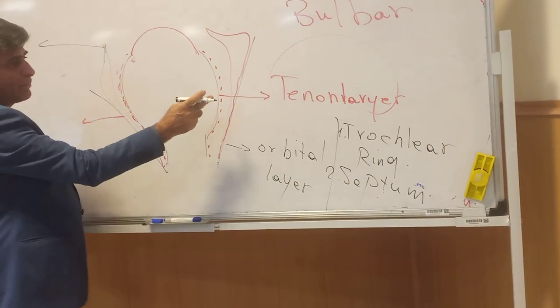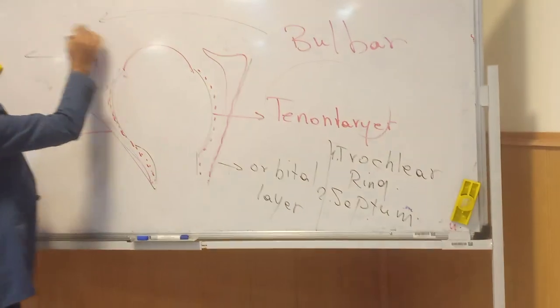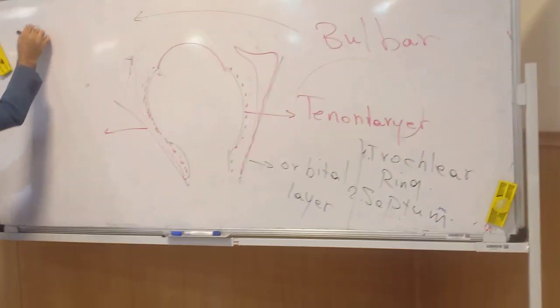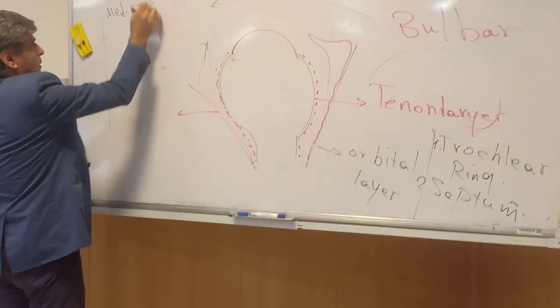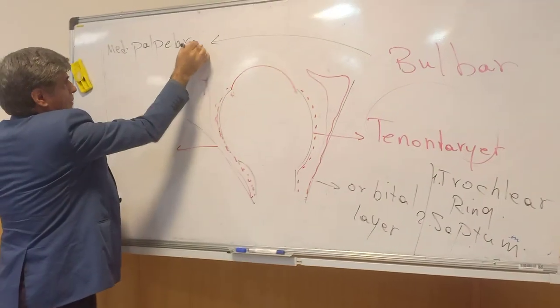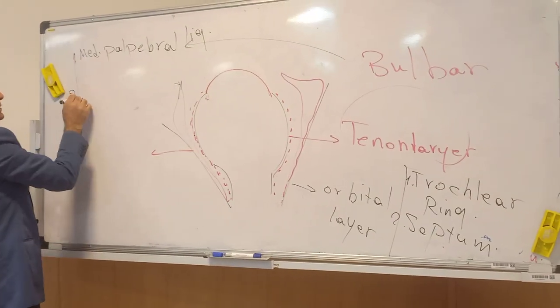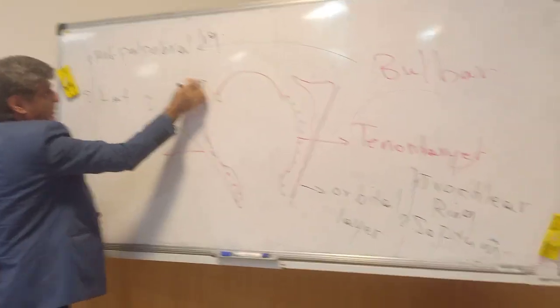But the bulbar layer contains two ligaments, the medial palpebral ligament, formed from the bulbar layer, and the lateral palpebral ligament.